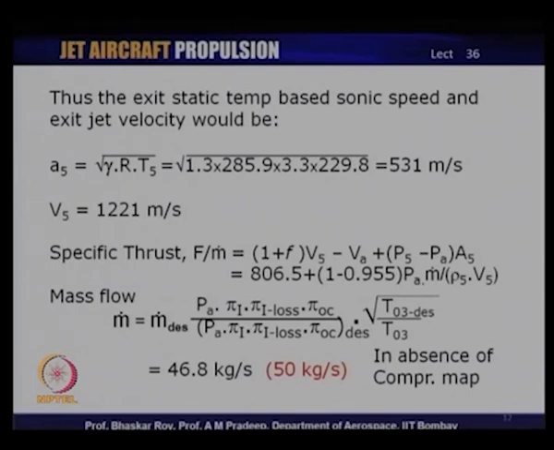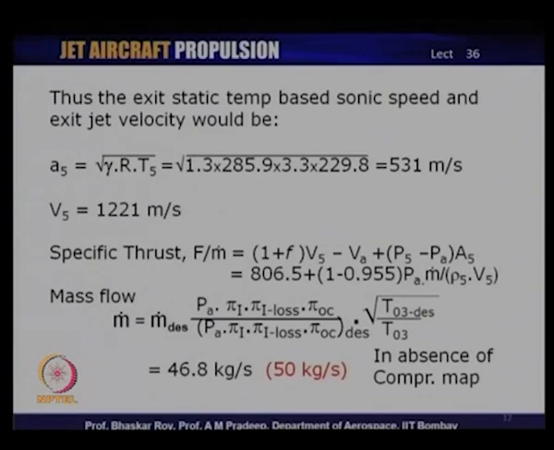Correspondingly, from the Mach number that we have got for the jet exhaust, we get the exhaust velocity V 5, or V exhaust, as 1221 meters per second. So, this is the jet velocity with which the flow is being ejected from the main engine, and this is the jet which is effectively helping us create the thrust with which the aircraft would be flying.